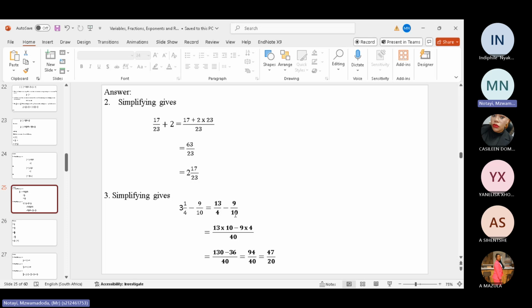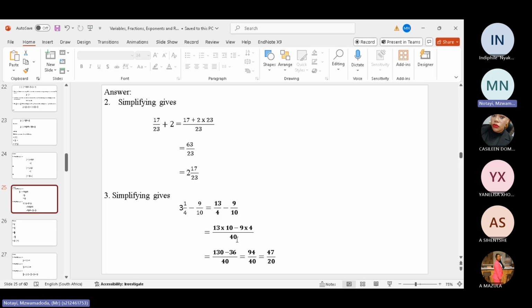And then you make these have the same denominator. So we can multiply by 10 of the first fraction, 10 on the top and 10 on the bottom. So we have 10 times 13 divided by 10 times 4. And then that means you're going to have to multiply by 4 over 4 on the second one, so that they both have the denominator of 40.